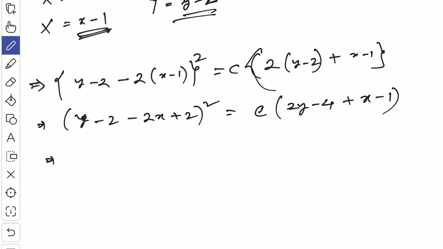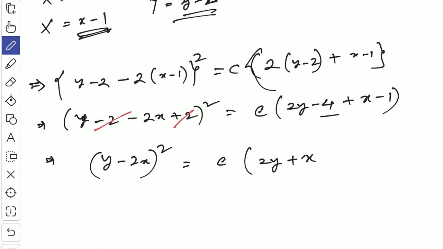So if you simplify this, then what will you get? Here plus 2 minus 2 cancel, and so we will get y minus twice x whole square. On the other side, small c minus twice y plus x minus 4 minus 1, that's going to be minus 5, isn't it?